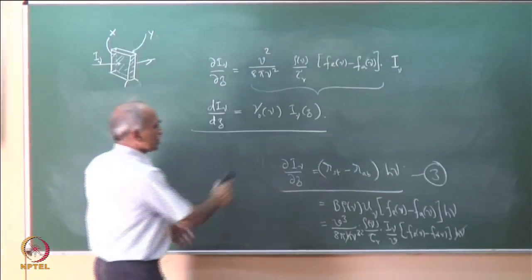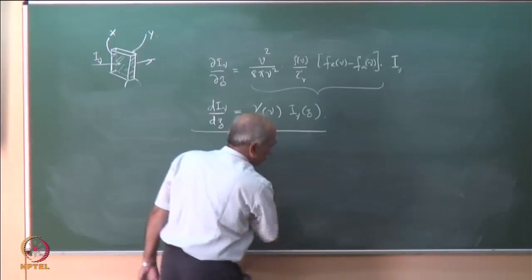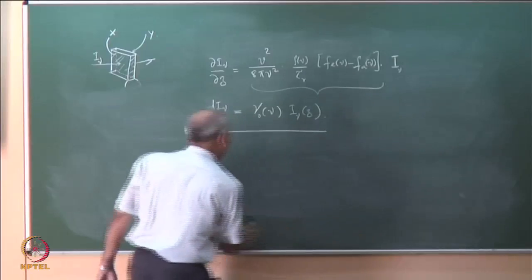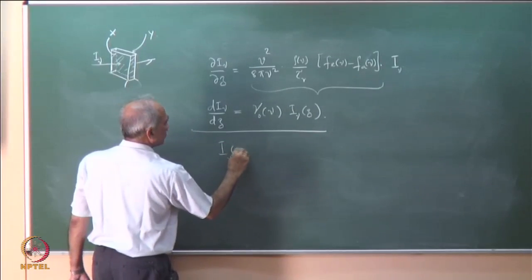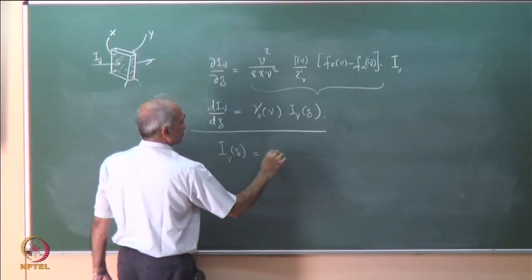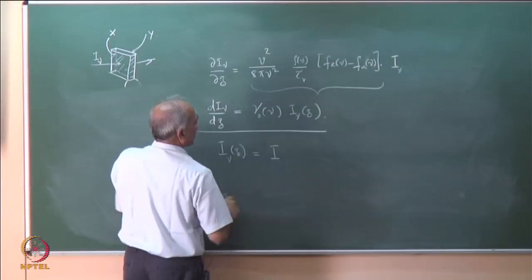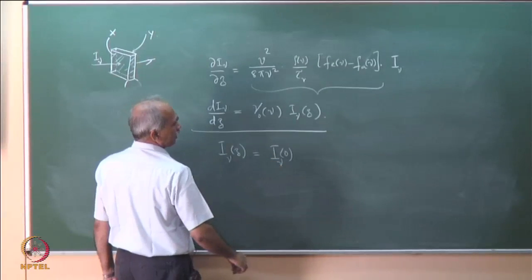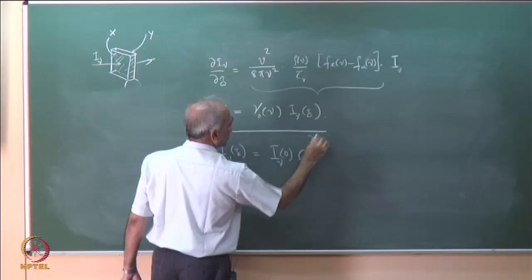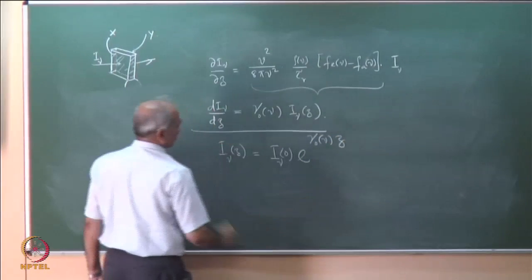So what is the solution? This gives I_nu of z is equal to I_0 of nu, or I_nu of 0, that is the intensity at the entrance point, into e to the power gamma_0 of nu z.